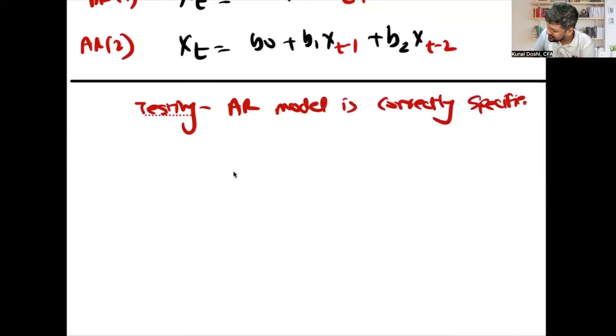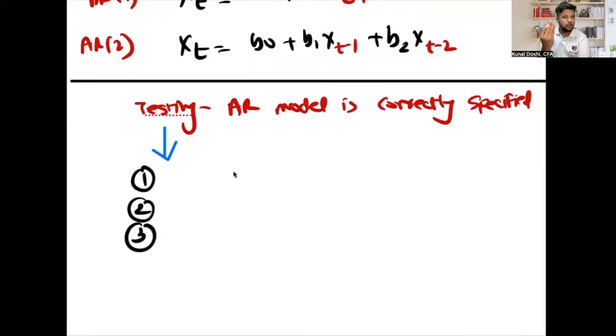To do this, it's a three-step process. It's a very different test. We are not going to use a DW test here. Step number 1, 2, and 3. Out of this, honestly, it's the third step which is crucial.